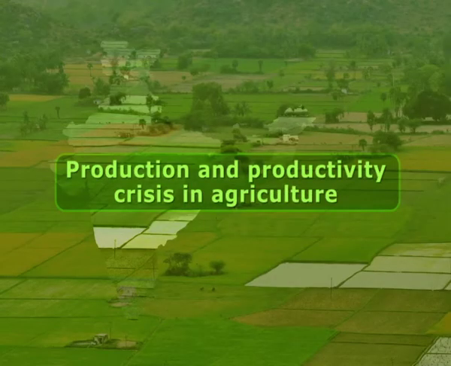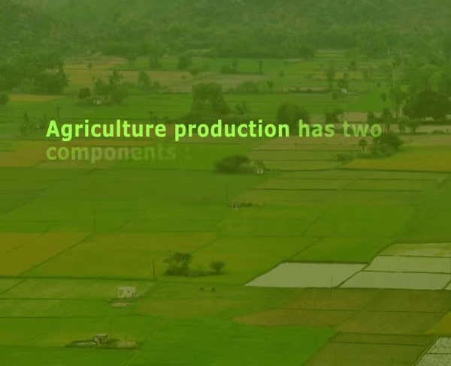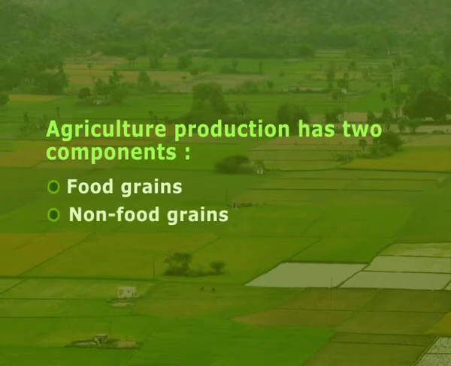Now friends, let us have a look at production and productivity crisis in agriculture. Agriculture production has two components: food grains and non-food grains. Food grains contributes 2/3 of total agriculture production. The weights assigned to food grains and non-food grains are 50.7 and 49.3 respectively.